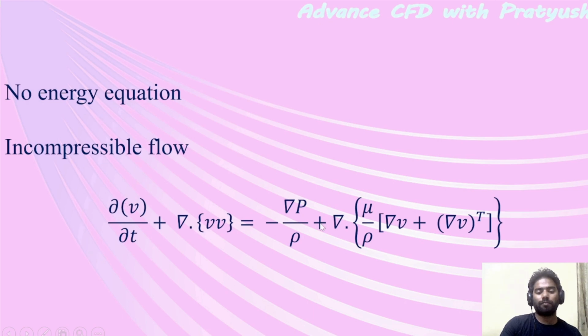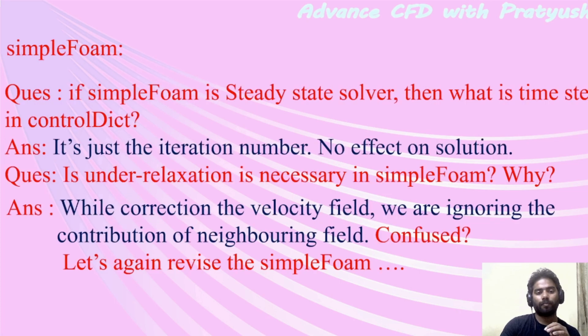Also, since we are assuming the density is constant, there is no need for any energy equation. If you remember, in rhoSimpleFoam, I told you how rho has been treated using the energy equation. Here we are not considering any rho term. So these are the equations we are going to solve in the SIMPLE scheme, without the transient term.